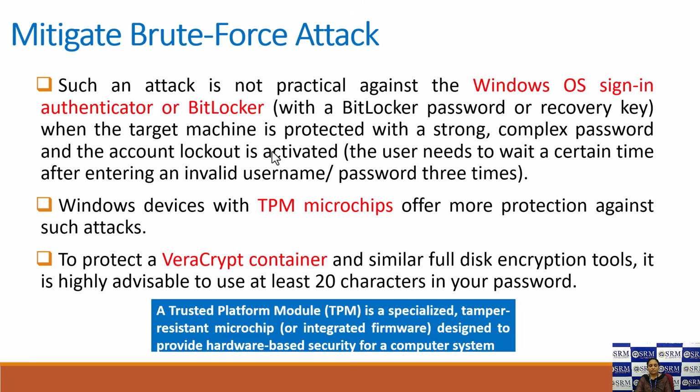Windows also has devices with the TPM, the Trusted Platform Module, which offers more protection against such attacks. Or you can protect a VeraCrypt container. This is what we discussed in the previous slide. A VeraCrypt container can be used with lengthy passwords to encrypt our files. These are the three methods for mitigating the brute force attack. Mitigation means how to be defensive.